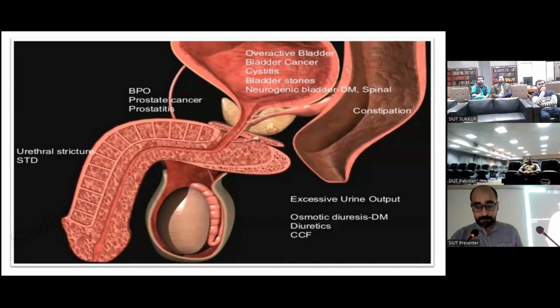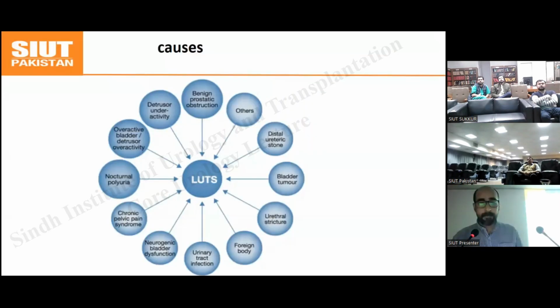Another diagrammatic presentation of LUTS includes distal ureteric stones, bladder tumor, urethral strictures, UTIs, neurogenic bladder, chronic pelvic pain syndrome, nocturnal polyuria, overactive bladder, or detrusor underactivity.